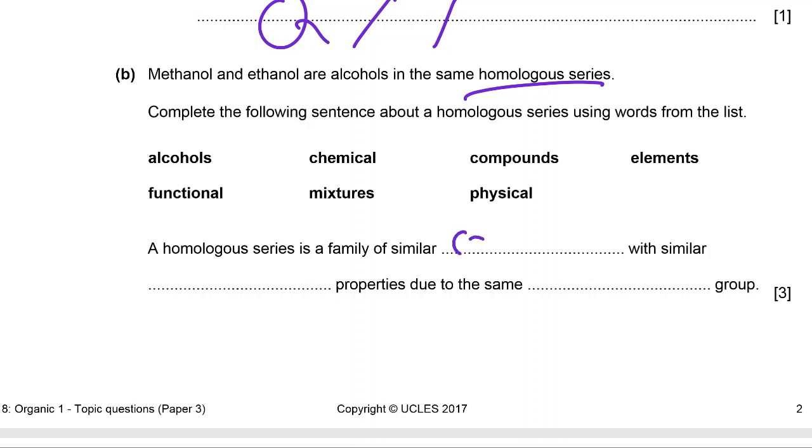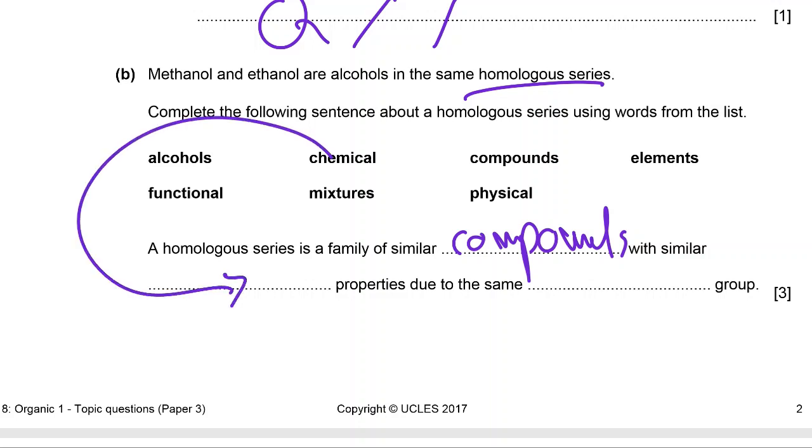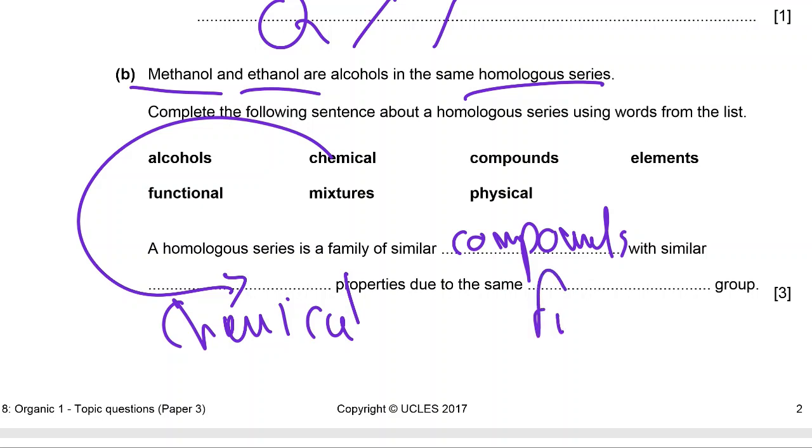Similar compounds with similar, what? Chemical properties. Why do they have the same chemical properties, both methanol and ethanol? Because they have the same functional group. What's the functional group of both methanol and ethanol? Actually, it's OH.